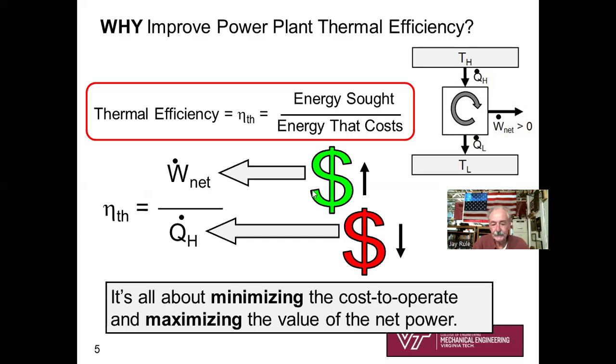Well, what we're trying to do is increase our revenue as much as possible. W.net, the net output, if we can increase that just a little bit, we're going to get more revenue, okay? Or if we can decrease the cost it takes to operate, we're going to improve the thermal efficiency, and we're going to reduce our operating costs. We're going to save money.